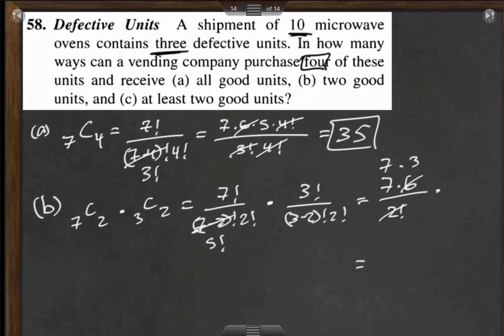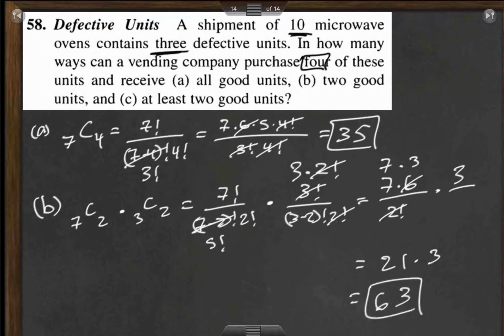Now simplifying the second one, you would have just 3 up top, because I cancel the 2 factorials out, and then 1 factorial is just 1. So it's 21 times 3, which is 63. There are 63 different ways we can get exactly 2 good units.